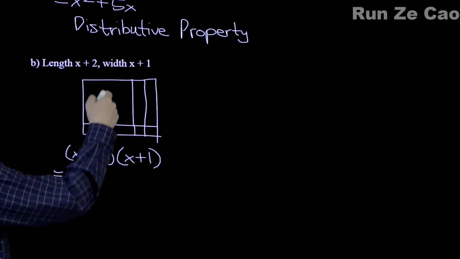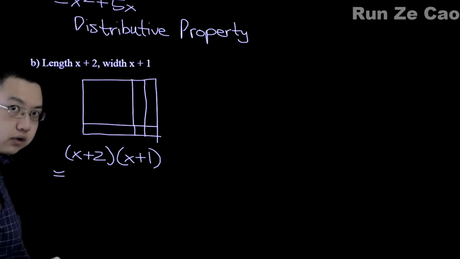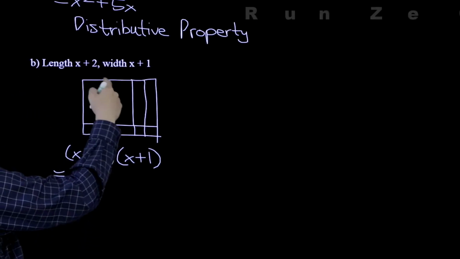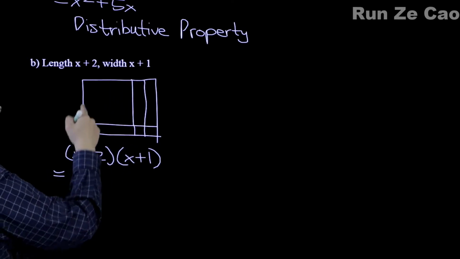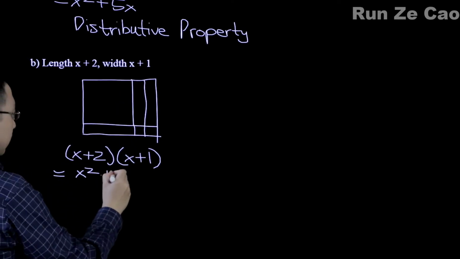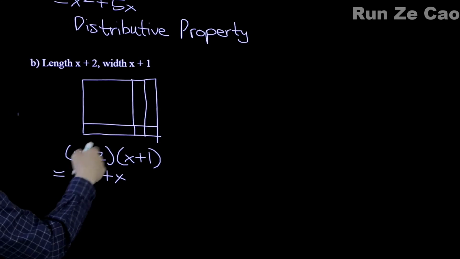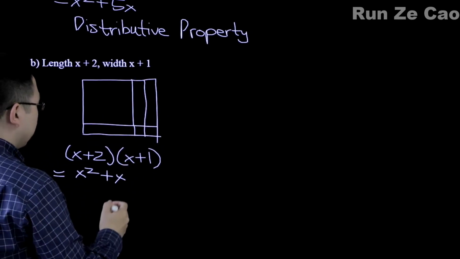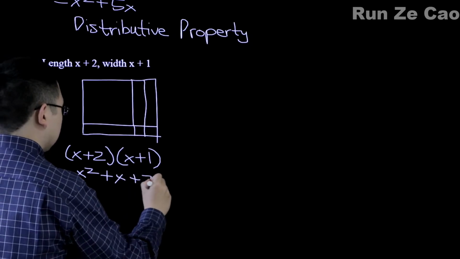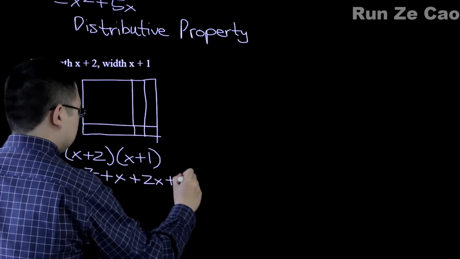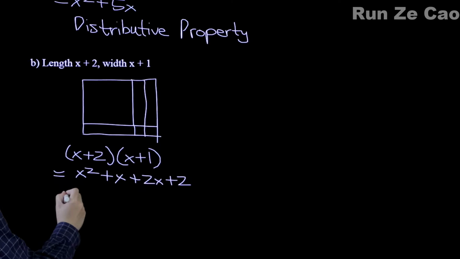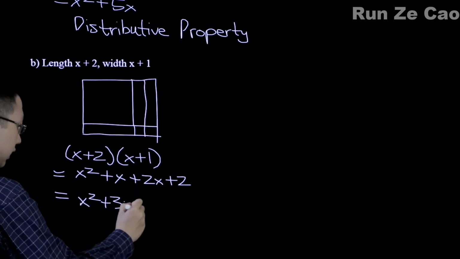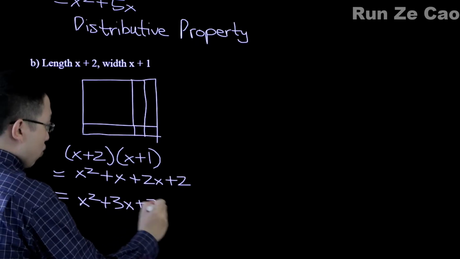Clearly, we have x squared first. So we take this x term, and then we multiply by x plus 1, and that gives us x squared plus x. And then we take this plus 2 over here, and we multiply by x plus 1, and we get plus 2x plus 2. So this is equal to x squared plus 3x plus 2.